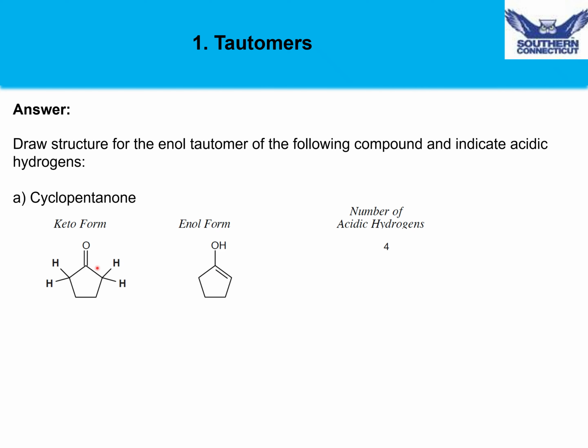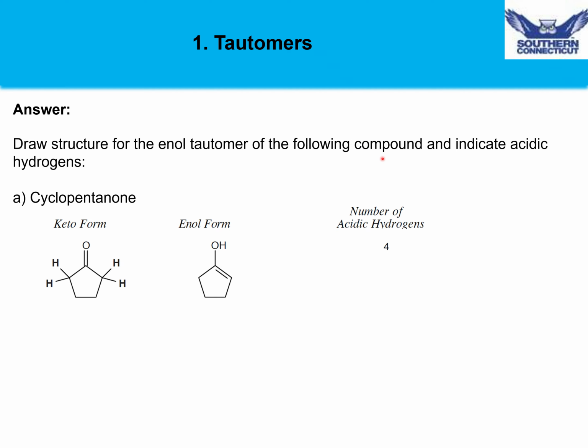So we would take one of these alpha hydrogens and remove it, place a double bond as shown here, and then add a hydrogen to the oxygen of the carbonyl, turning it into a single bond. And so this is the enol form. We could also draw the double bond towards the left. It would give you the same enol in this example, since the ketone we're starting with is symmetrical.